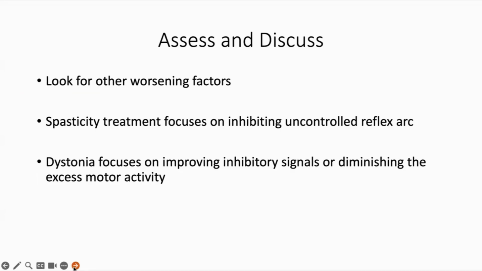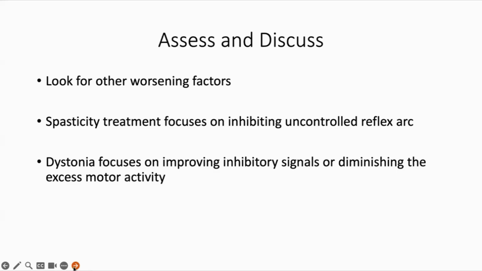When we see adults with spasticity, of course, we do a very good history and physical exam, but in assessing their spasticity and/or dystonia, we have to make sure we rule out other contributing factors, something as simple as constipation or acid reflux, GI issues, infection, and pain.